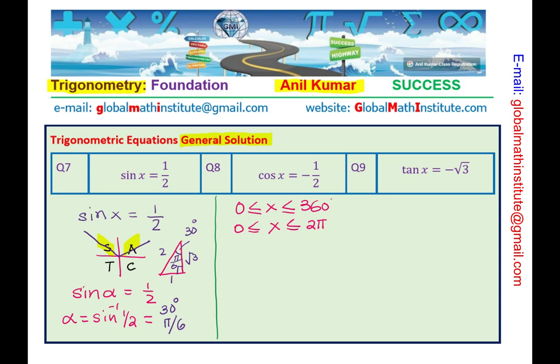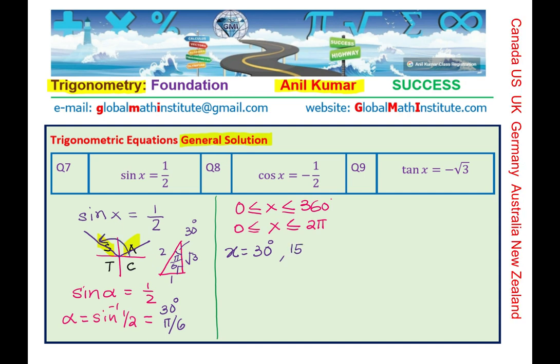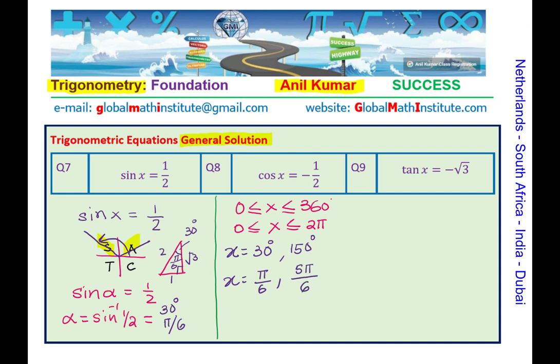So we can say, well, x is equal to 30 degrees, or it is 180 minus 30, right? So that will be 150 degrees. That will be in degrees, or in radians, you can write pi by 6 and 5 pi by 6. One less pi by 6 than pi, right? So we get the solution which is from 0 to 360 degrees.